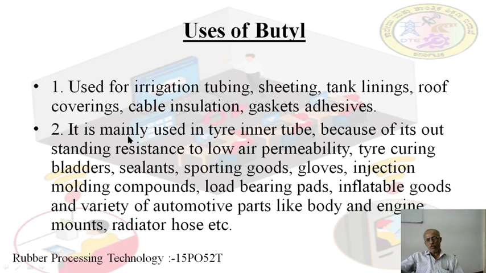Second, it is mainly used in tire inner tubes because of its outstanding resistance to permeability. Also tire curing bladders, sealants, sporting goods, gloves, injection molding compounds, load bearing pads, inflatable goods, and a variety of automotive parts like body and engine mounts, radiator hose, etc. So the tire industry uses a large quantity of this butyl rubber.